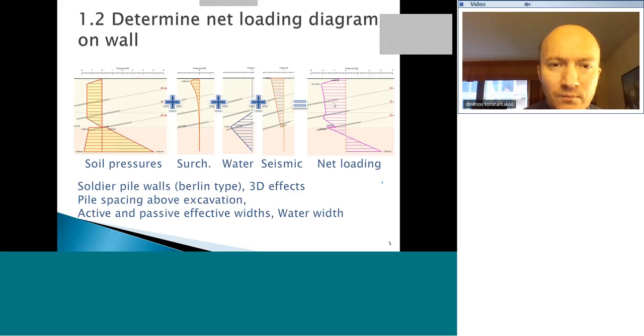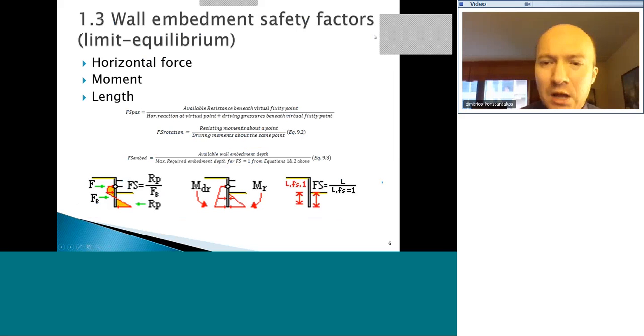When it's coming down to calculating our wall embedment safety factors, we had three safety factors that we're looking at. One is based on the horizontal force, so we're just looking at the forces below the lowest support. There's driving forces, resisting forces, and expressing that ratio will give us a safety factor based on horizontal force.